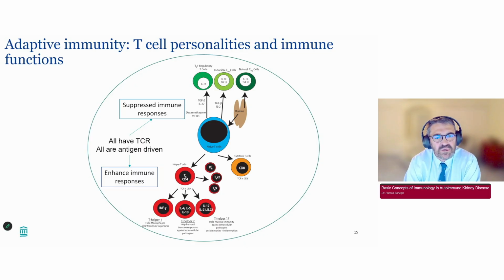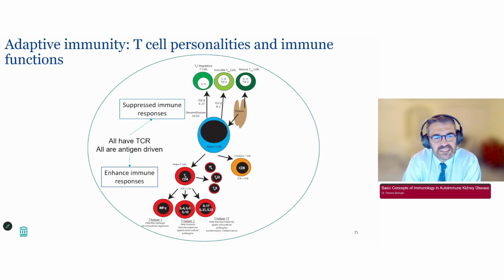Okay, talking about the adaptive immune response, I'll just remind you that T cells, and this applies to B cells as well, we used to think that these were only attacking, that they would damage tissues or damage bacteria, damage infections.